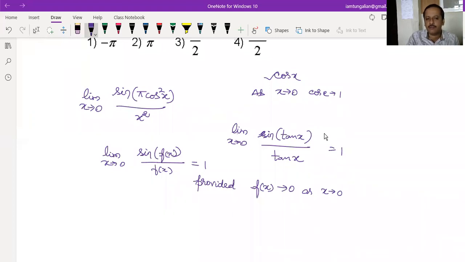So if f of x is also approaching 0 when x approaches 0, then this limit can be written as 1 and not otherwise. Is it clear, everybody? This concept, sine of f of x by f of x as x approaches 0 will be equal to 1 provided f of x tends to 0 whenever x approaches 0. Okay, fine. Thank you.